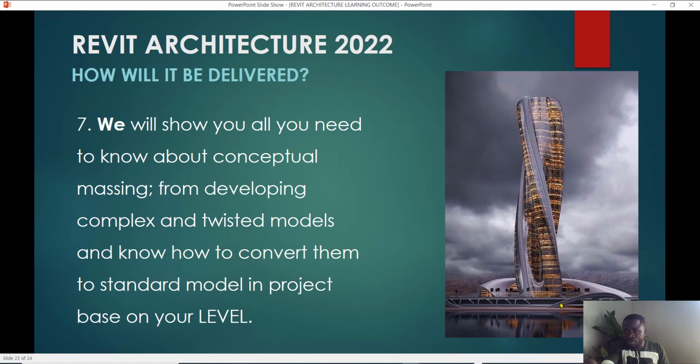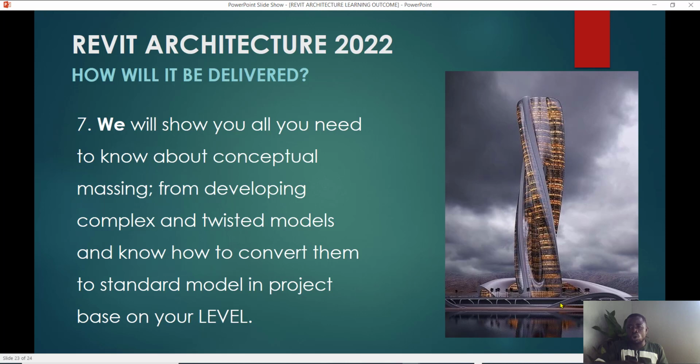Now, this design looks so nice to you. It's a conceptual design. There's a feature in the Revit software called conceptual masses, and in that space you use masses to create forms. We'll also show you all you need to know about masses and how to develop complex and twisted models in Revit, and how to convert these standard models into standard projects.